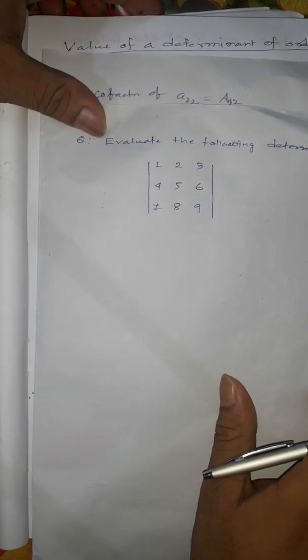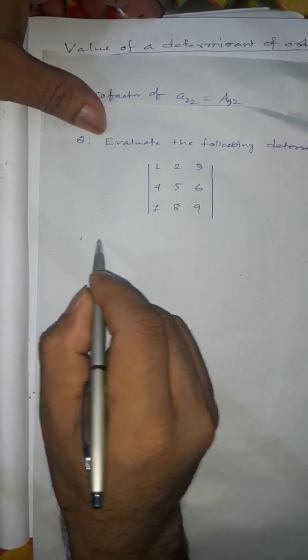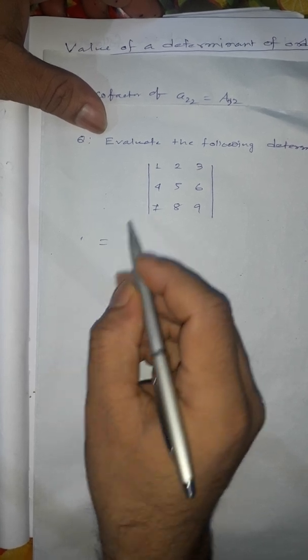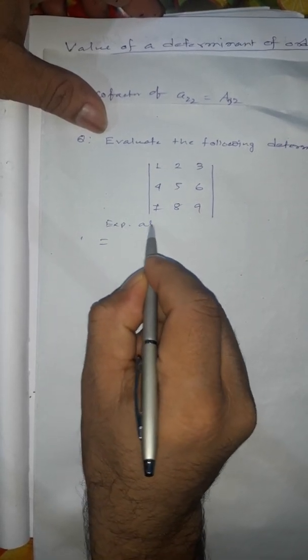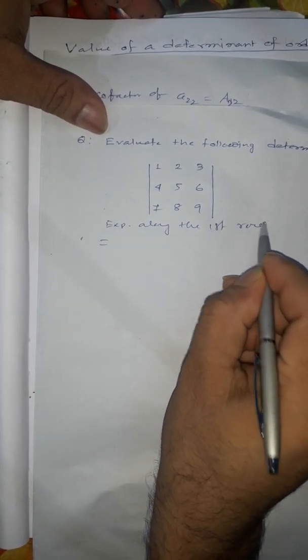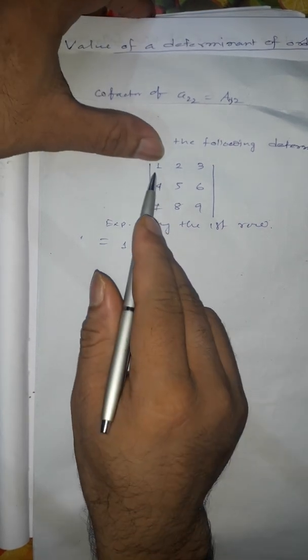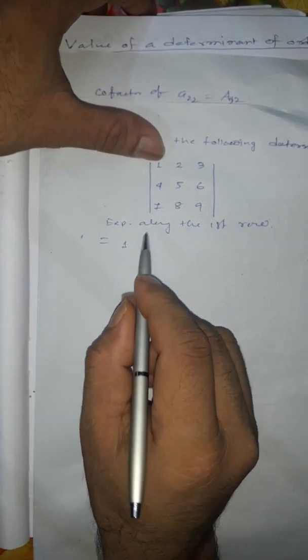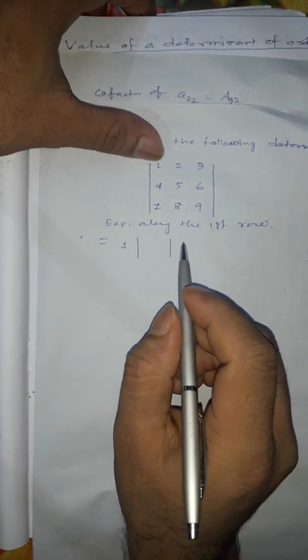Look at this determinant. Evaluate the following determinant. So if you expand along the first row, you can just write, expanding along the first row, then 1 into its minor.